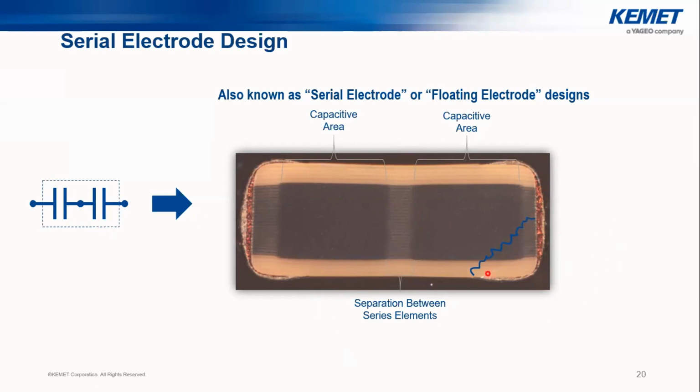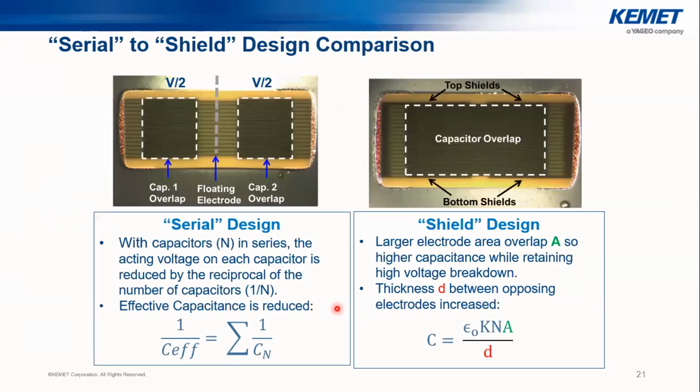But it also gives us a bit of extra safety when it comes to cracking, because if there is cracking in one active part, we save the other part, and it helps for higher reliability. In the serial design, we can even have more than 2 sections.